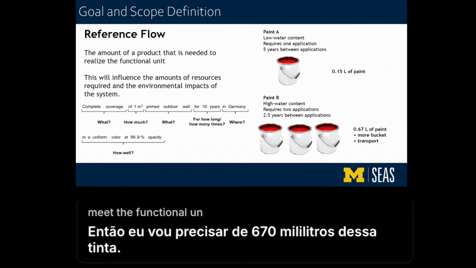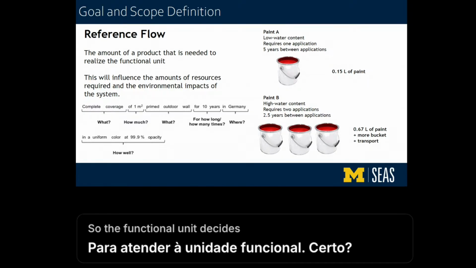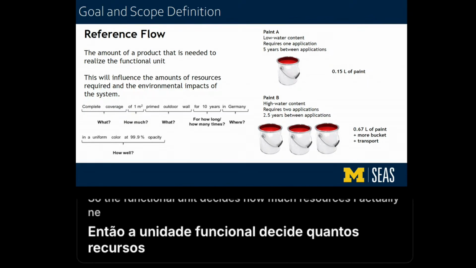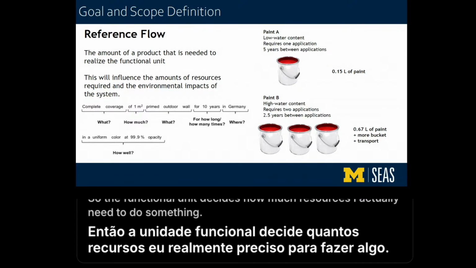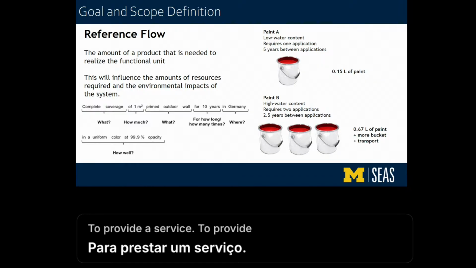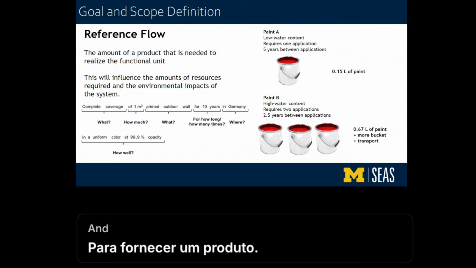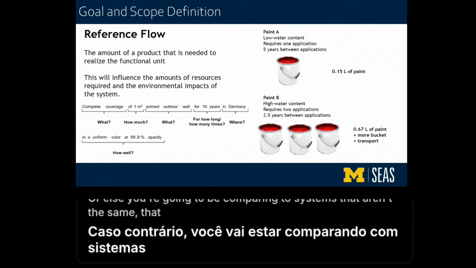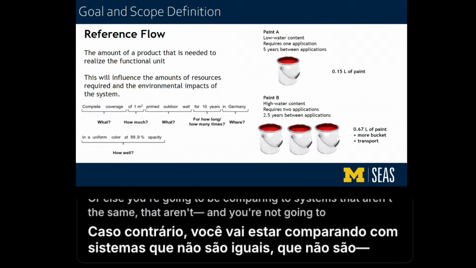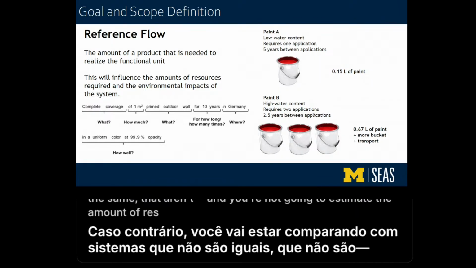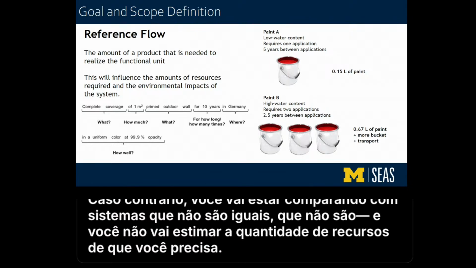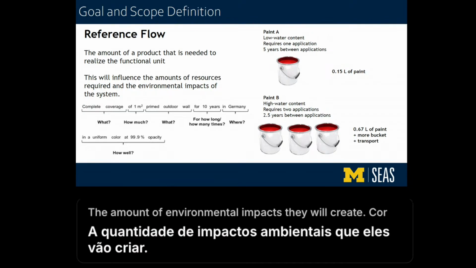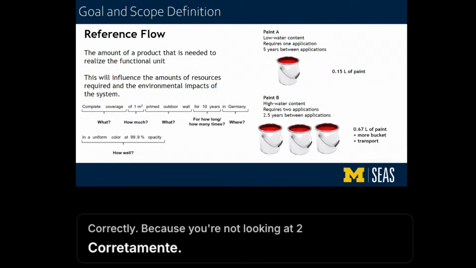So the functional unit decides how much resources I actually need to do something, to provide a service, to provide a product. And so getting the functional unit correct is essential, or else you're going to be comparing two systems that aren't the same, and you're not going to estimate the amount of resources that you need, the amount of environmental impacts they will create correctly, because you're not looking at two systems providing the same thing, right?